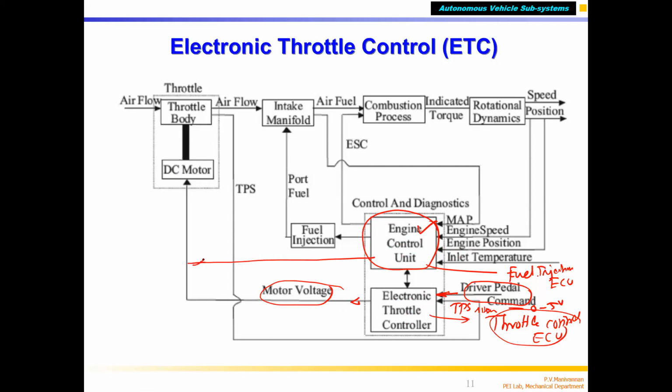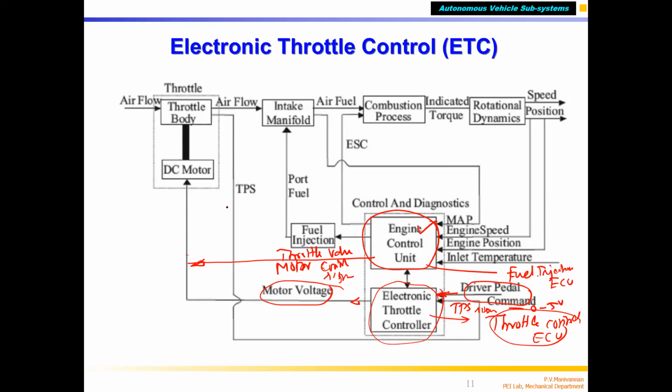The motor control voltage, which is the throttle valve control motor signal, can be generated by the same ECU which injects the fuel, or you can have two separate ECUs. That is slightly expensive, but both are possible.